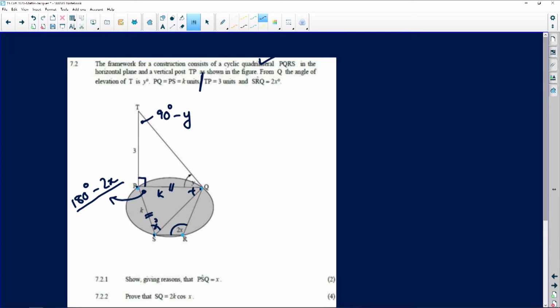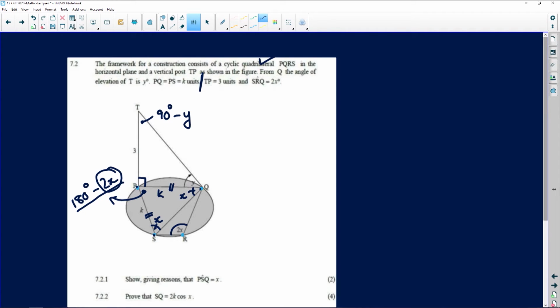But the point is that they're both x, because together they need to give me 2x. So I divide that by 2, and I have my two base angles. Don't make a mistake and say it's 90 minus x. So don't go and divide the 180 minus 2x by 2. That is a catch here because of the opposite angles in the cyclic quad.